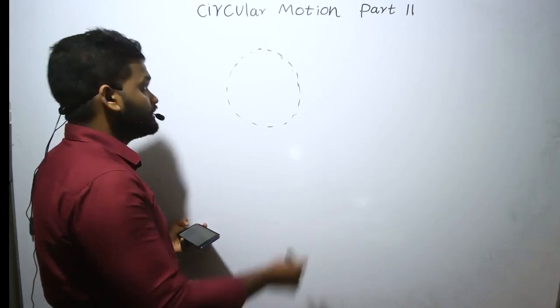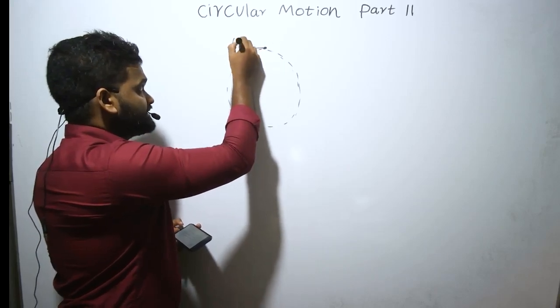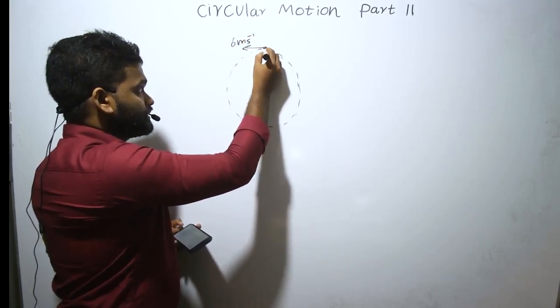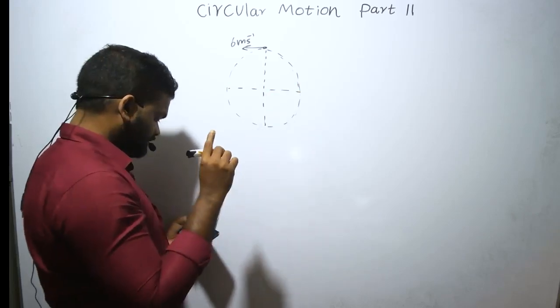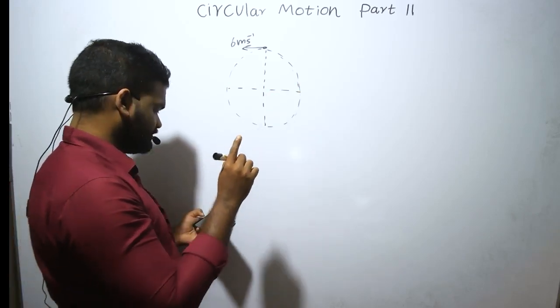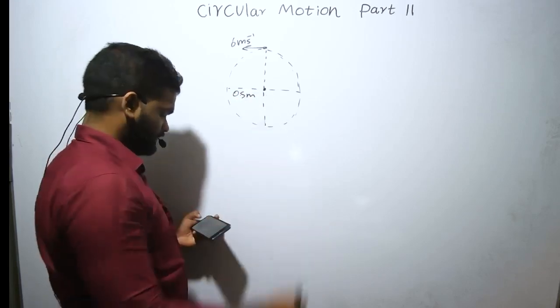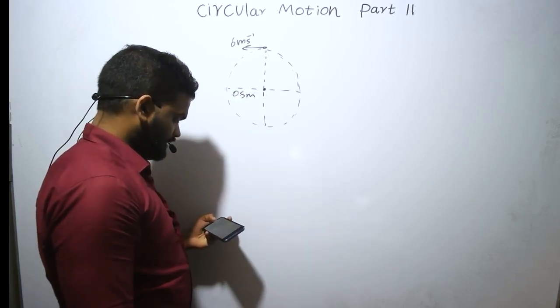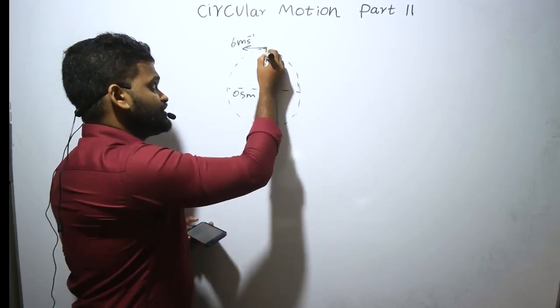So they have given the velocity of the particle at the top as 6 meters per second. The radius should be the length of the string, which is 0.5 meters. At the top, what they ask is the tension.